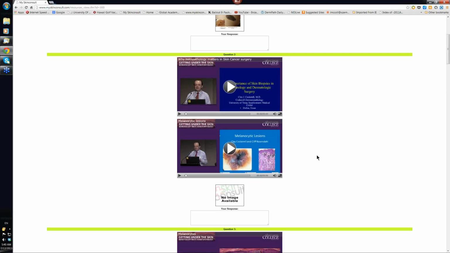They go through all melanocytic lesions, starting from simple lentigos, lentigo simplex, solar lentigos, all the way through to the various types of melanoma. So if you want an understanding of a correlation of dermatoscopy and dermatopathology of melanocytic lesions, this would be the lecture for you. I think, again, it lasts about an hour.